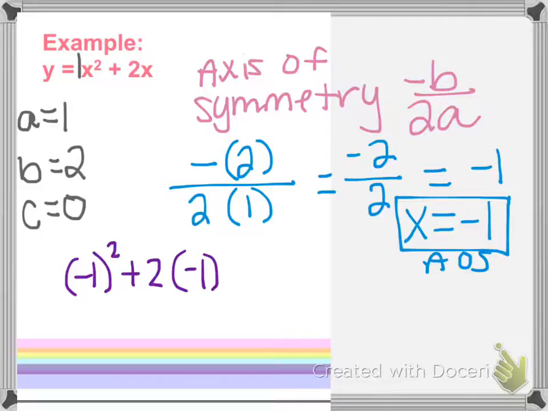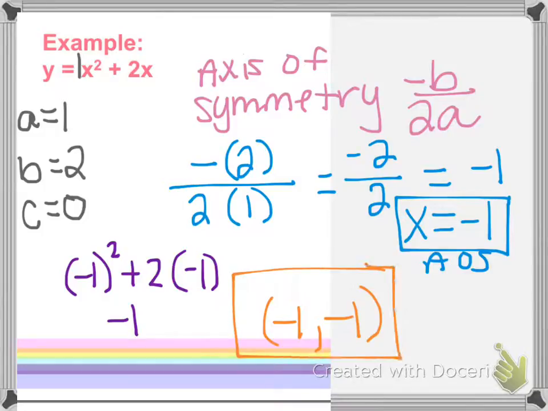As long as you put your parentheses in the correct places, you can put it in your calculator exactly how it reads, and it'll tell you what your answer is. So in this case, we plugged in -1 for x, and we got -1 for y. That point is your vertex.